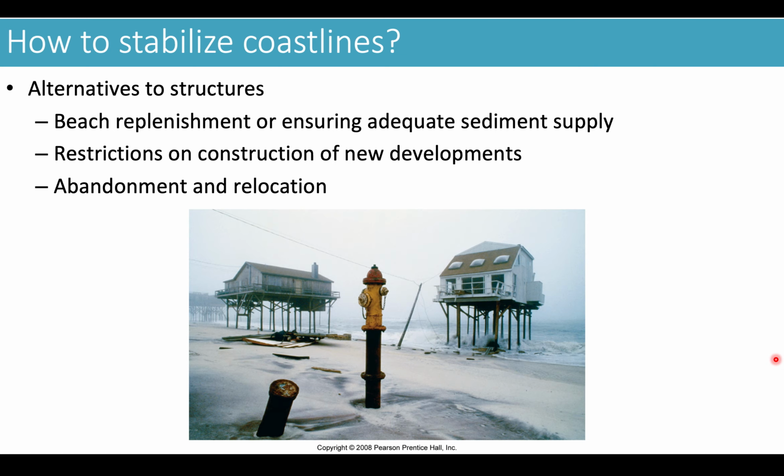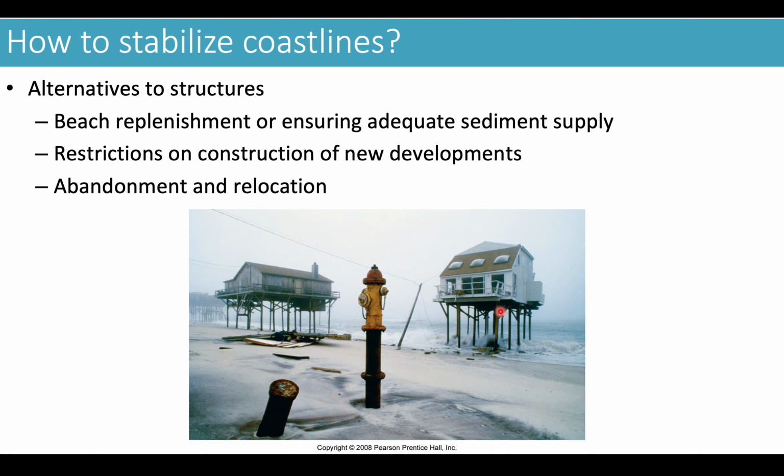Other ways to think about stabilizing our coastlines, keeping them how they are, would be stopping building: decreasing how much we allow construction along the beach. You'll see this used to be a beach town. There's still some houses left that were built on stilts.